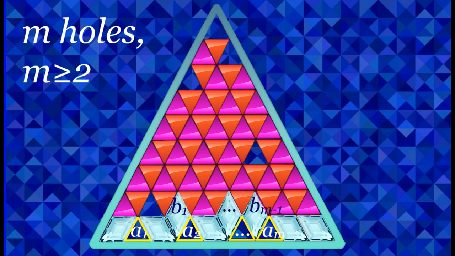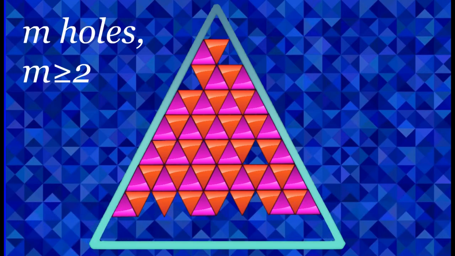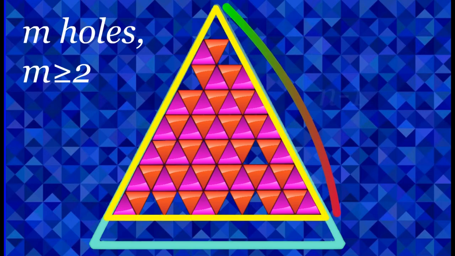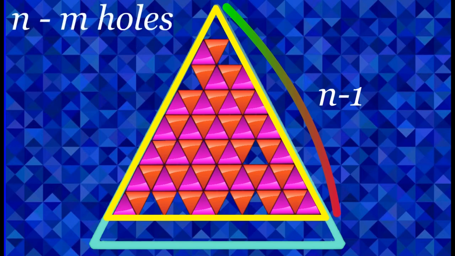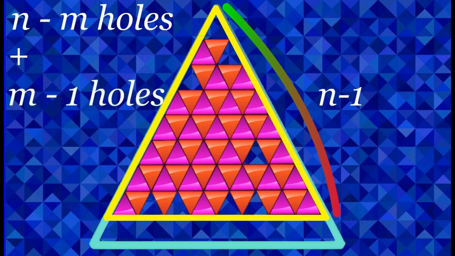Now, we remove the row B, and the diamonds which cover the Bi's, from our Holey triangle. We are left with a triangle of size n-1. This triangle has n-m holes from our previous Holey triangle, and another m-1 holes after removing the diamonds which cover the Bi's.